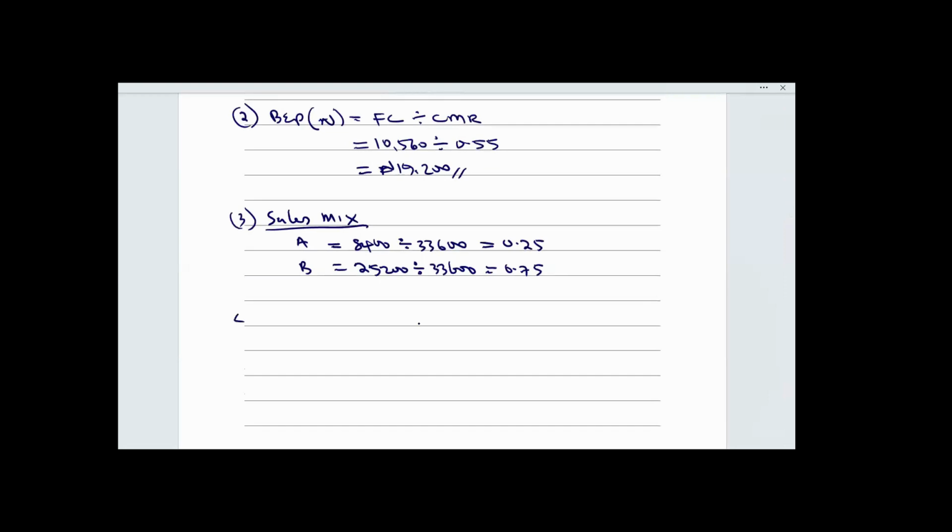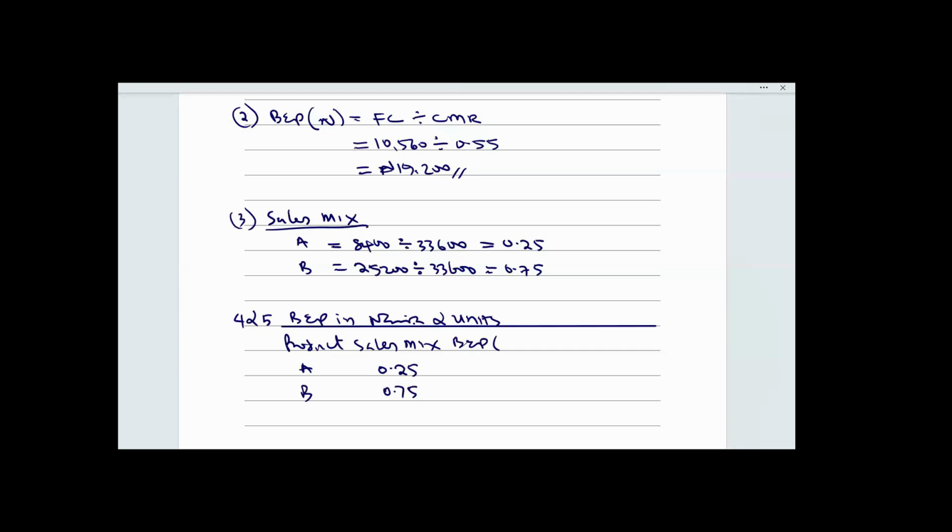Then step 4 and 5. Match them together. Break-even points in naira and units. So products A, B, then sales mix 0.25, 0.75.